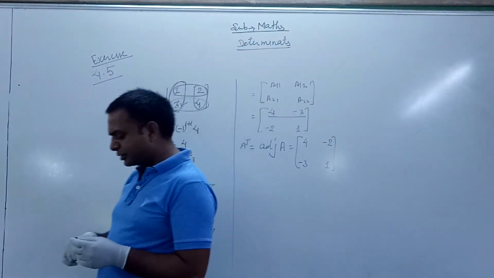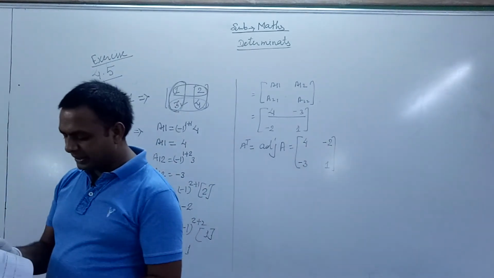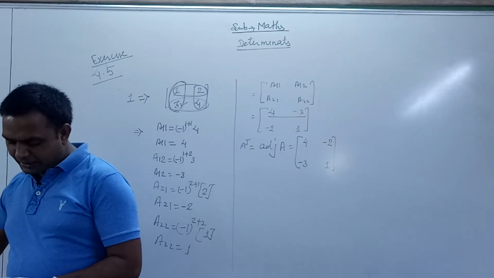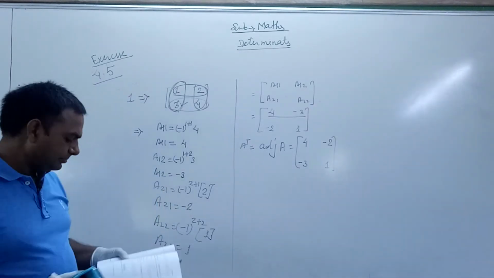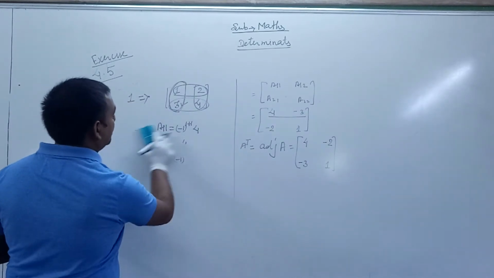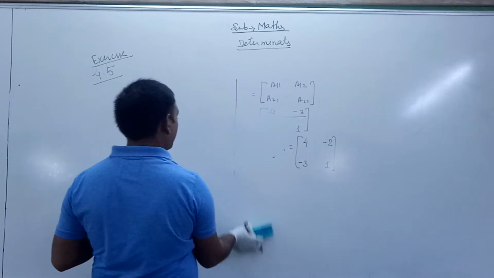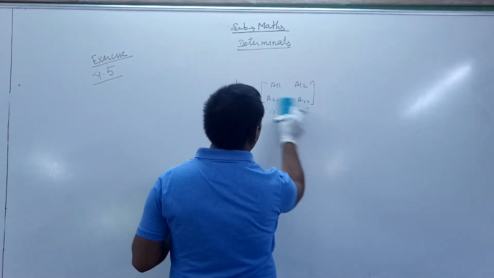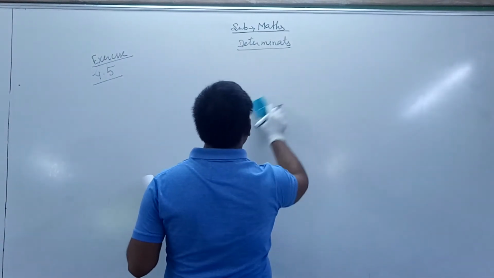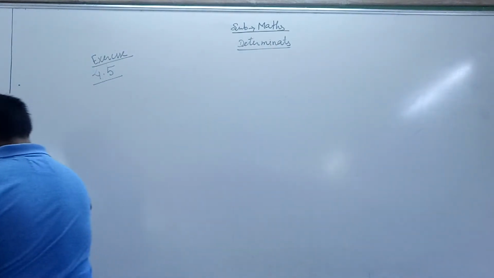So in the next questions we will find the inverse, that is, how we can find the inverse of the matrix. The question number 5 we have solved. The question number 5 shows how you can find the inverse matrix.